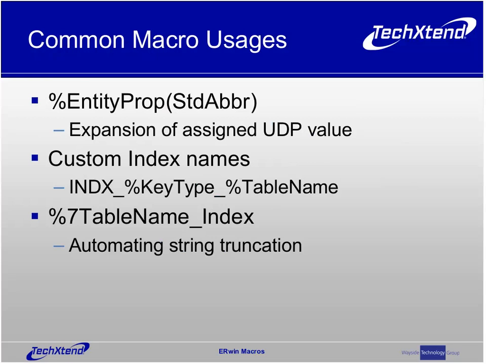I can use this entity prop with the UDP name within the syntax here, the way it's described, to expand that value in place of, for example, my table name. I can create custom index naming here, for example. Here I have created this index prefix, and then the key type, and then the table name. It's a very generic naming standard, but something that I can use for all of the indexes in my model. And I can also automate string truncation there as well.